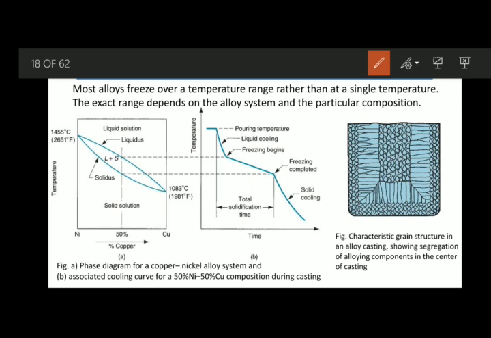So it becomes a solid-liquid region, which has a soft consistency, and that's why it is also named the mushy zone. It's a zone where solid and liquid coexist.